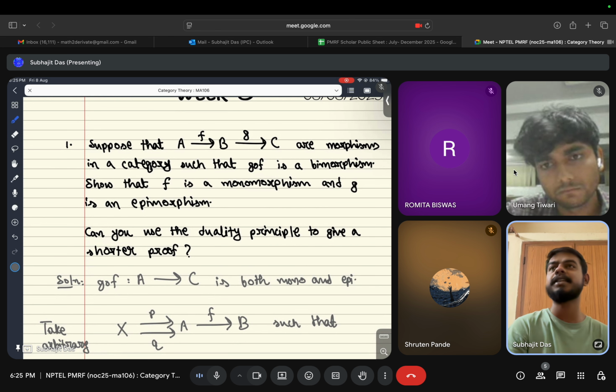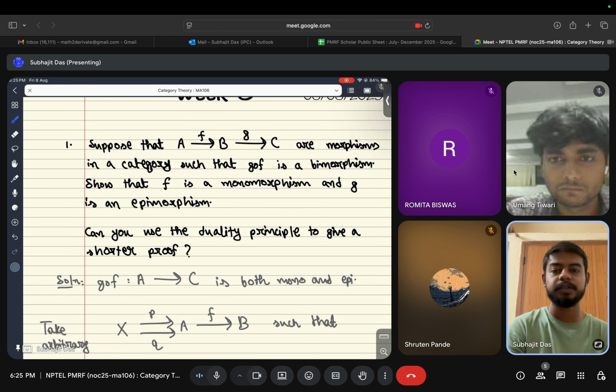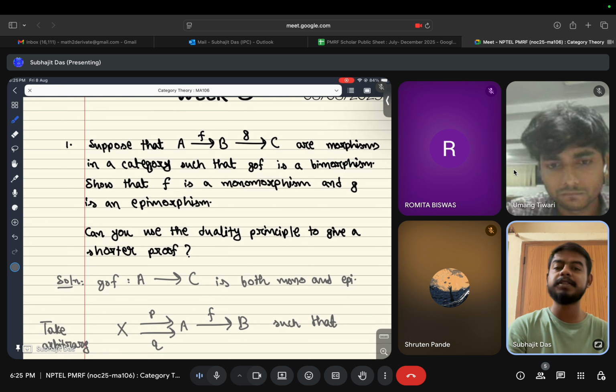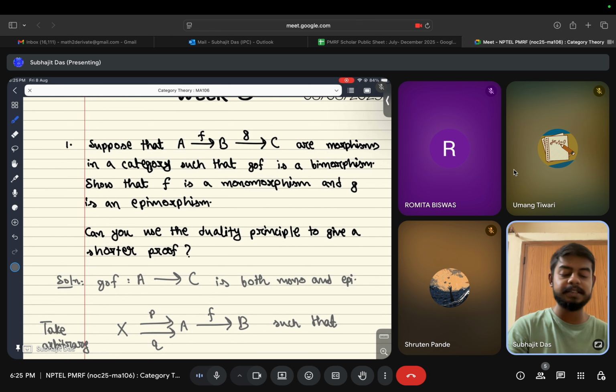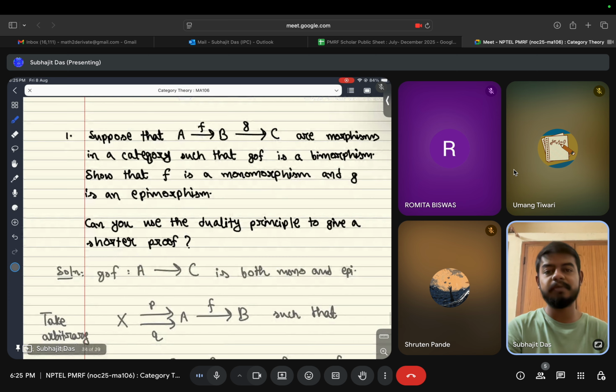There is no existence of elements. An object is a primitive notion, so there is no notion of elements. Objects have no internal structure. So you can't talk about injective maps. That is why the right idea is to talk about a left cancelable morphism. A monomorphism is a left cancelable morphism and an epimorphism is a right cancelable morphism. That's all.